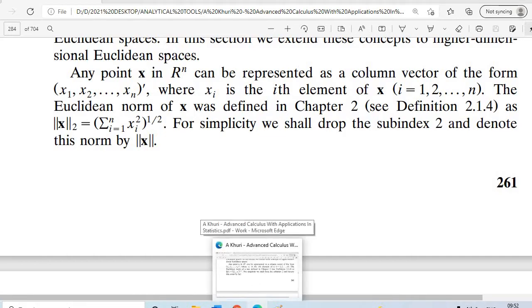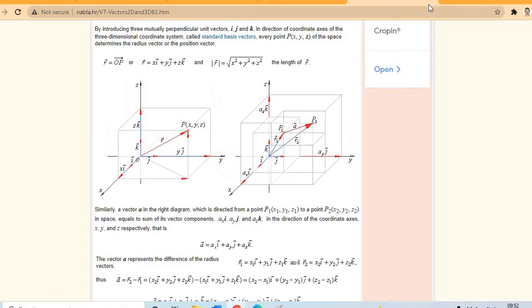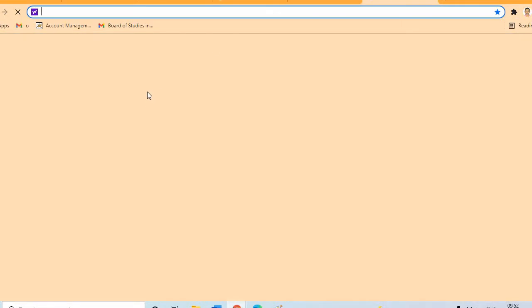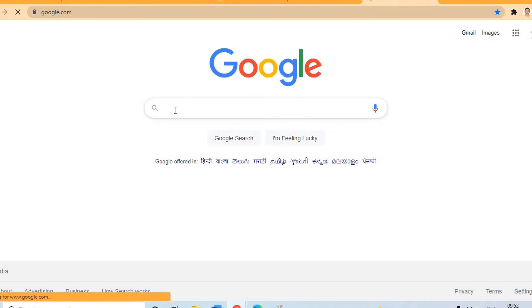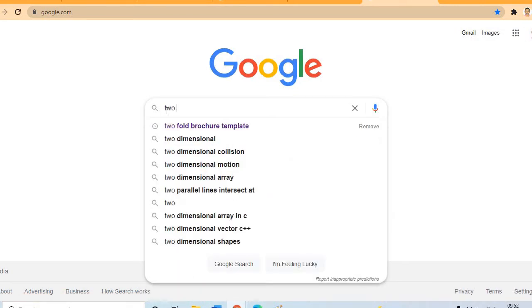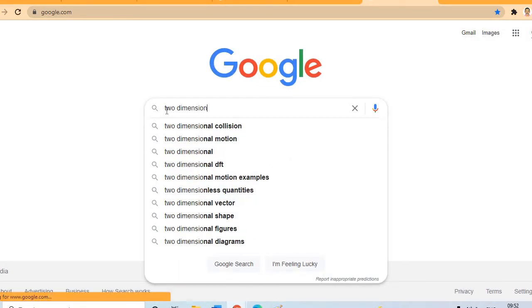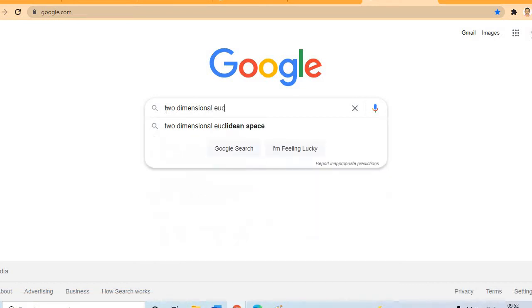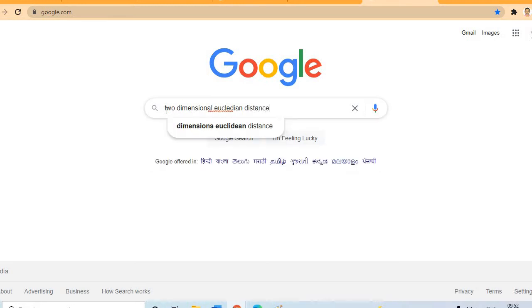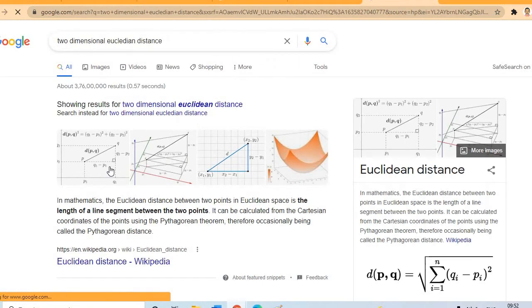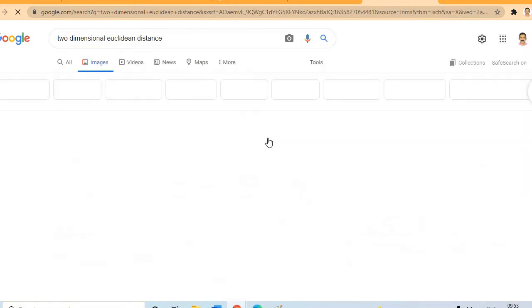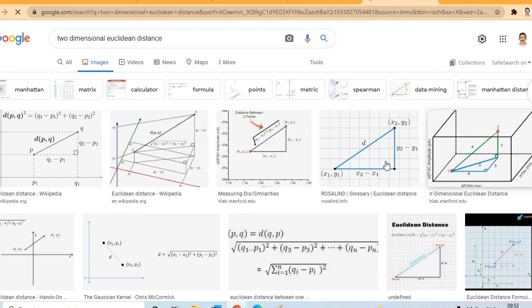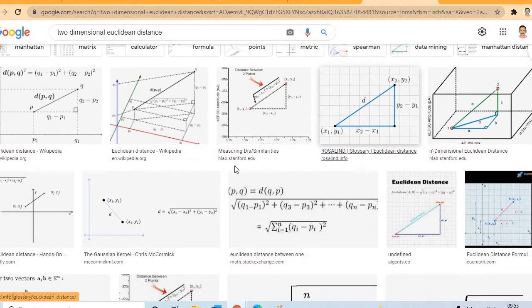If it is two-dimensional, you can easily say the two-dimensional Euclidean distance. What is the formula for Euclidean distance?